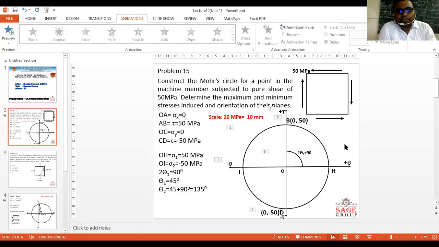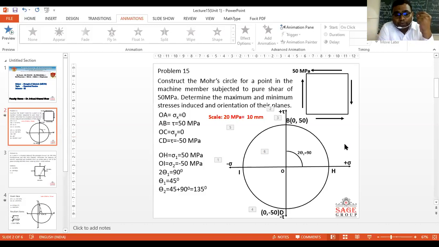The statement of the numerical is to construct the Mohr circle for a point in a machine member subjected to pure shear of 50 megapascal. Determine the maximum and minimum stresses induced and the orientation of their planes. It means the machine member is subjected only to pure shear, there is no normal stress on that member.